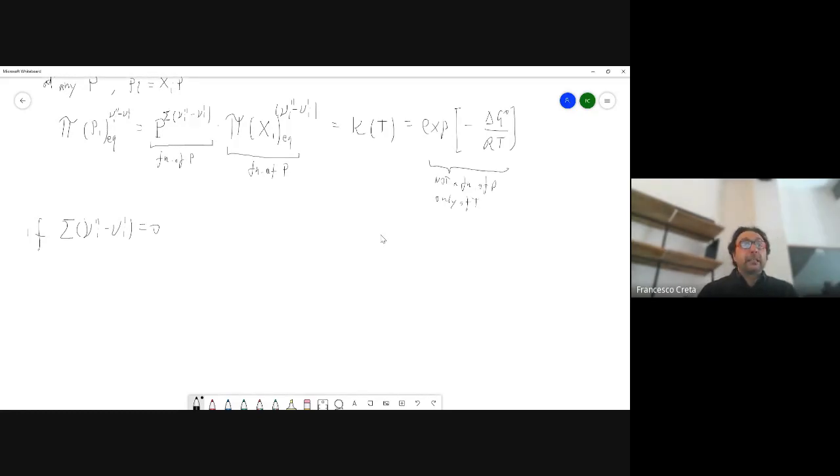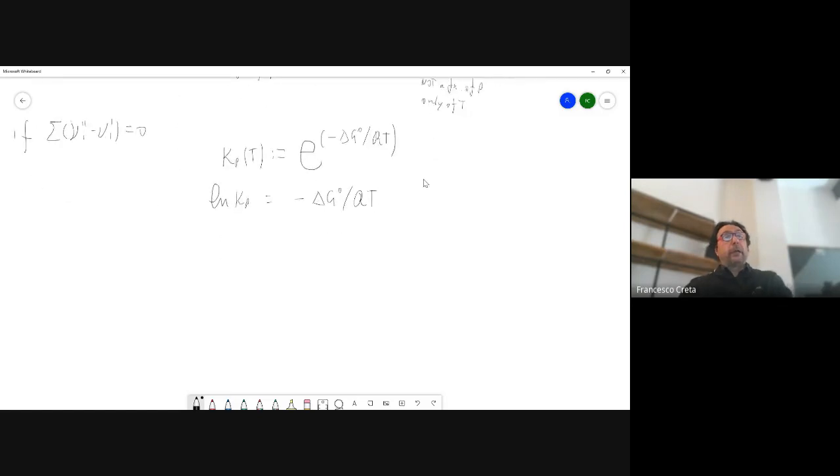Let me analyze a little bit this function here, the equilibrium constant, which by definition is the exponential of minus delta G0 divided by RT. Now, first of all, if you want to graph it, the logarithm of Kp is really a line as a function of delta G0.